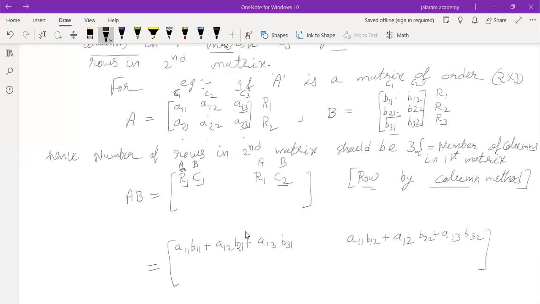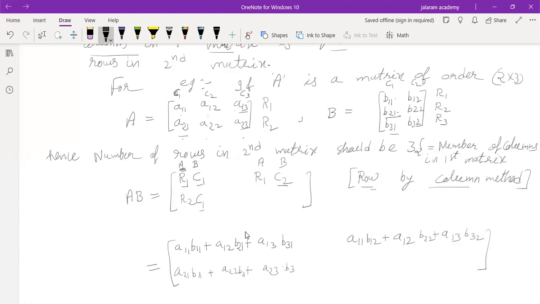Now in the next element, we will use second row of first matrix A, R2, and column 1. Elements of R2 are A21, A22, A23, and at the same time, elements of column 1 of B: B11, B21, B31. Write them.